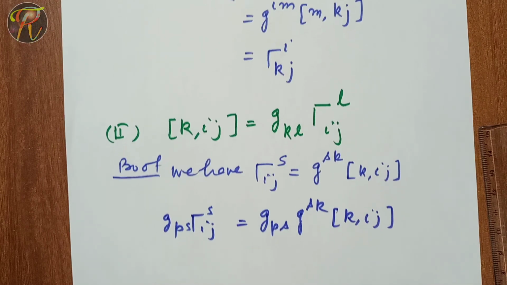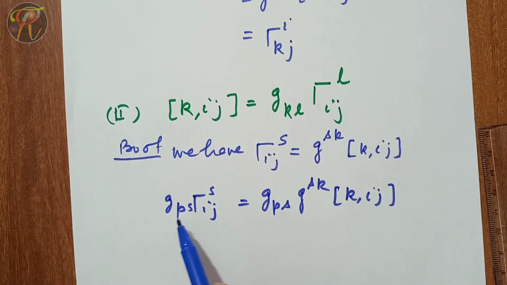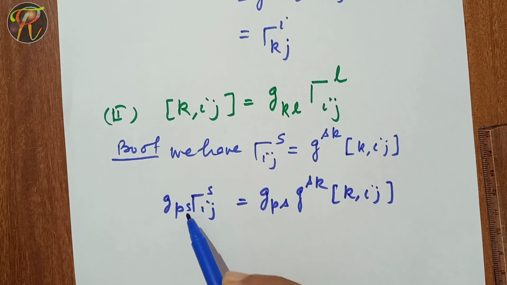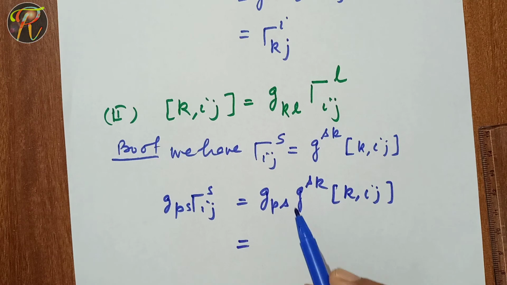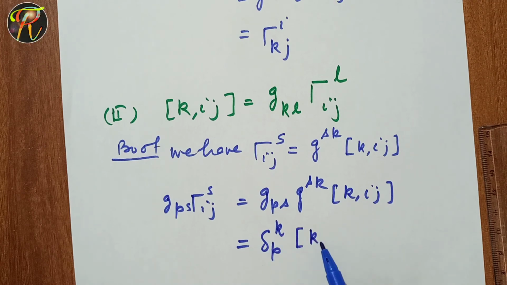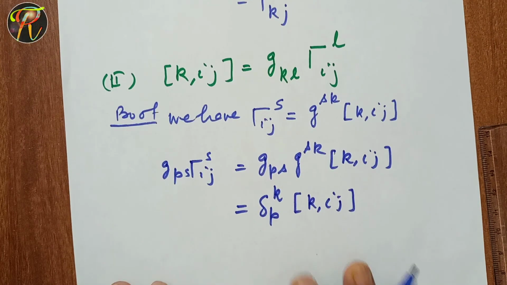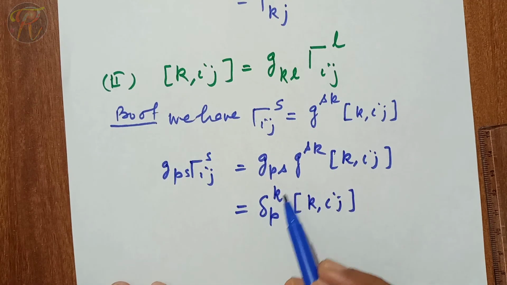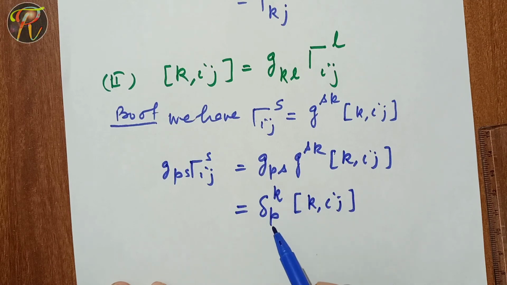So by the definition of the Christoffel symbol of the second kind, s is contracted. So this equals the Kronecker delta, with s contracted, delta^k_p, times [ki,j]. Now by the definition of the Kronecker delta, if k is equal to p then it is 1, otherwise 0.